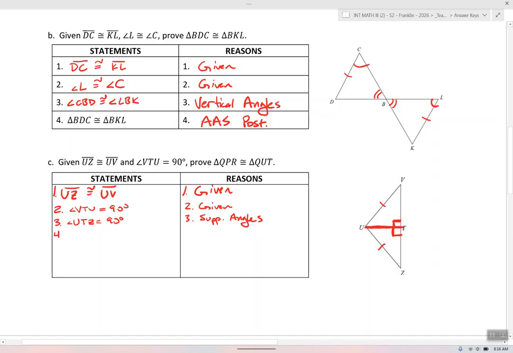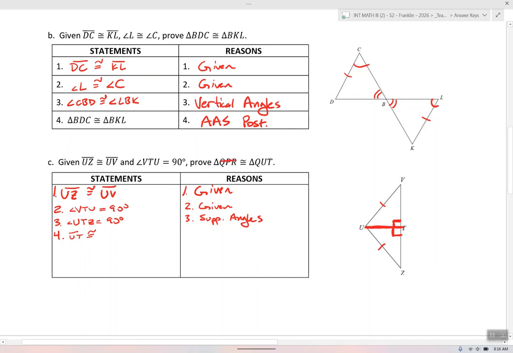So we know that segment UT, which would also be UT if we use the other triangle, naming it VUT and ZUT, even though our problem says QPR, but those letters do not match.